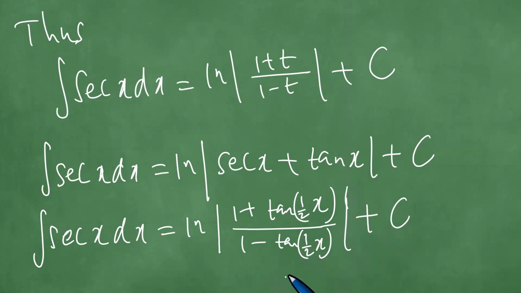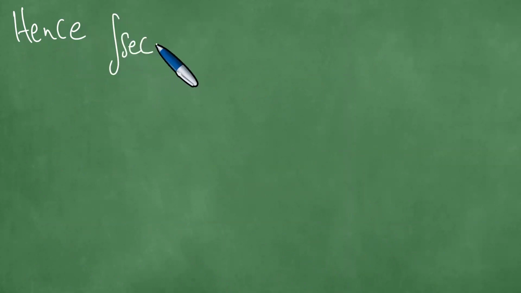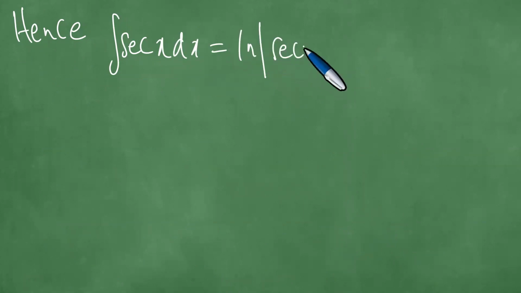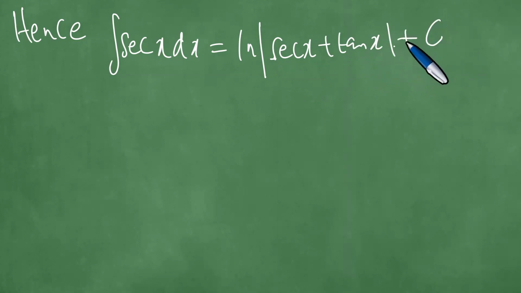It allows us to make the following deductions, and we're able to say hence that the integral of the secant of x with respect to x is the natural log of the secant of x plus the tangent of x, plus c.